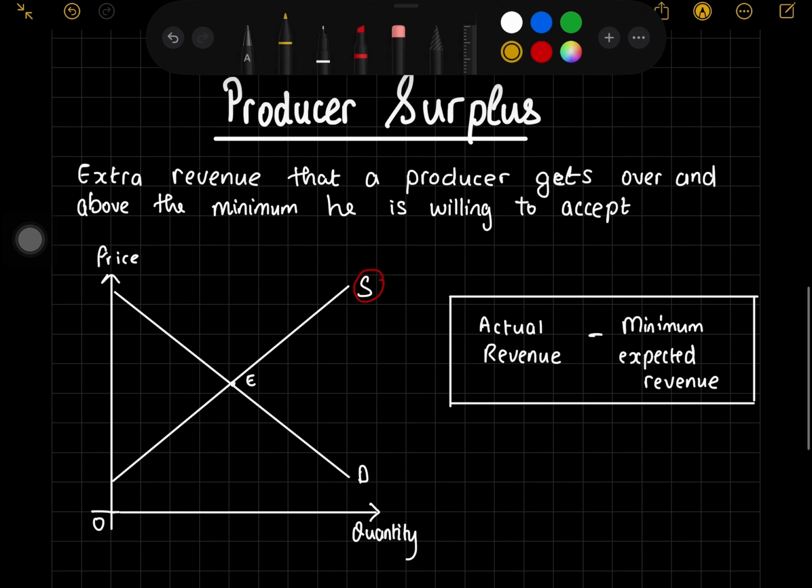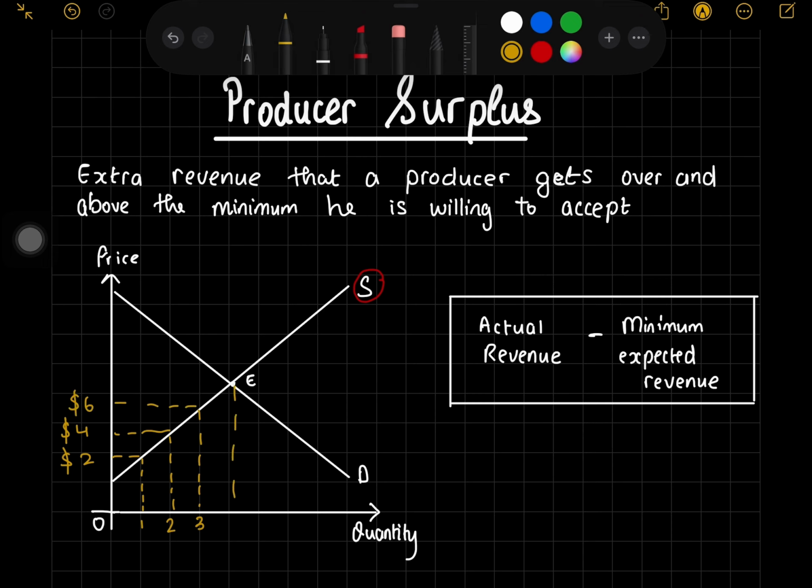Let's say for the first unit produced, he is willing to sell it at $2. For the second unit, he is willing to sell it at $4. For the third unit, he is willing to sell it at $6.